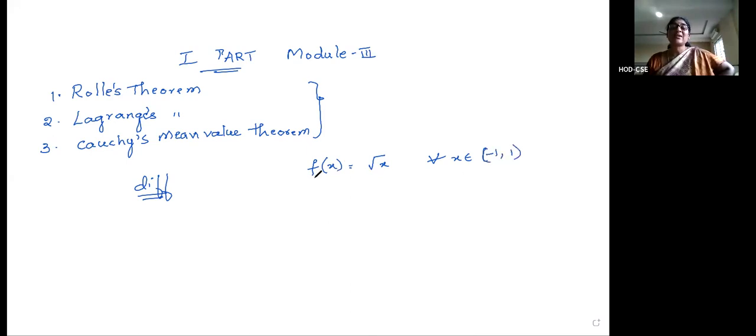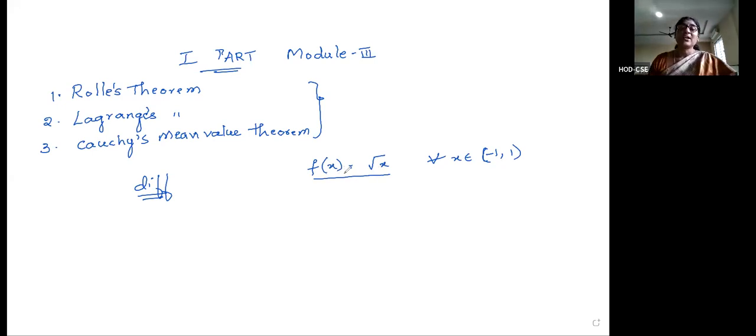I am taking an example of f of x equal to root x for all x belonging to -1 to 1, and I just want to understand the meaning of continuity and differentiability for this function.